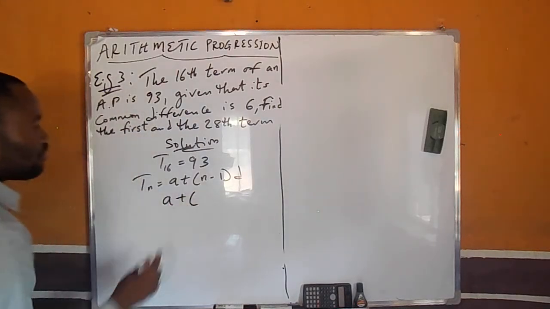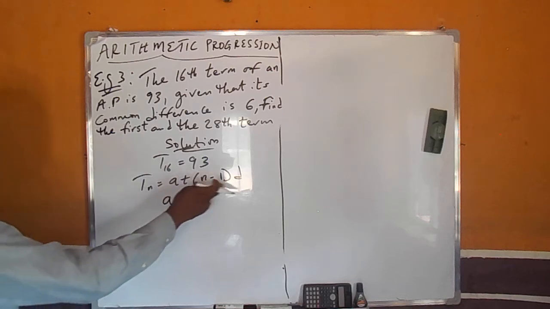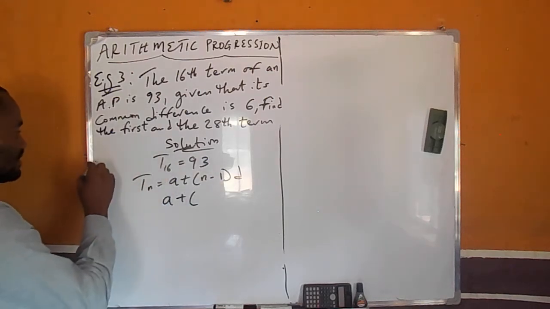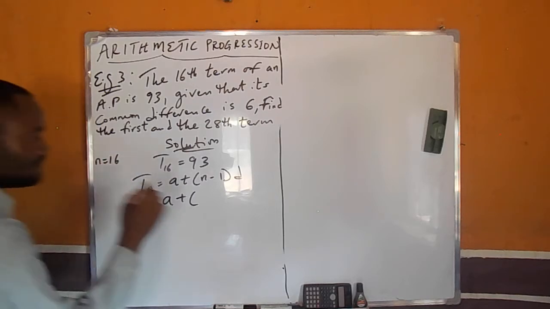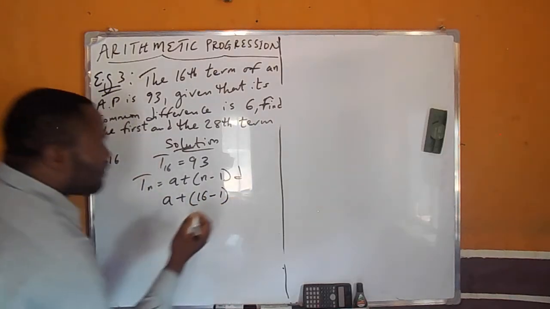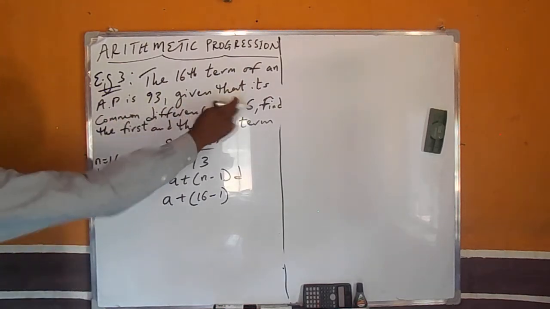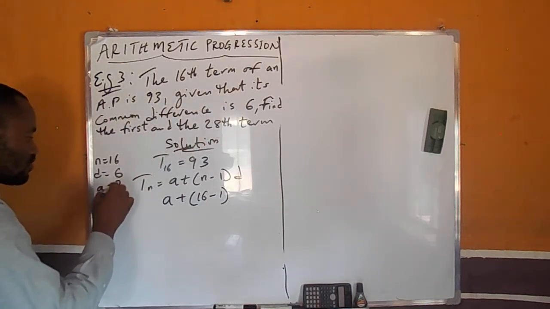A plus bracket open, the n is 16. That means n equals 16, so 16 minus 1 bracket close, and the common difference D equals 6, A equals question mark.